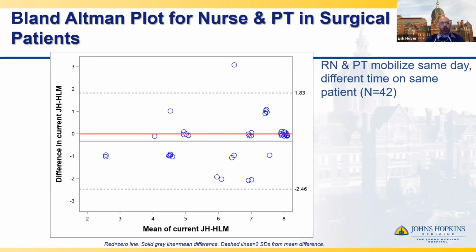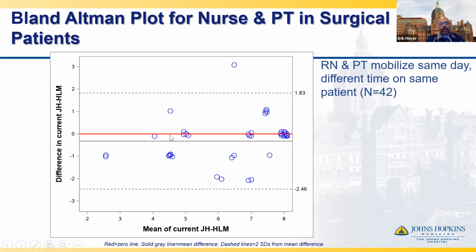And basically, the way to interpret this, and I think the key is, if you look at the y-axis, what we're looking at are the differences of scores between nurses and physical therapists. So if they had perfect agreement, then their HLM scores would be the same, and basically it would go on that red line that's depicted on this graph.